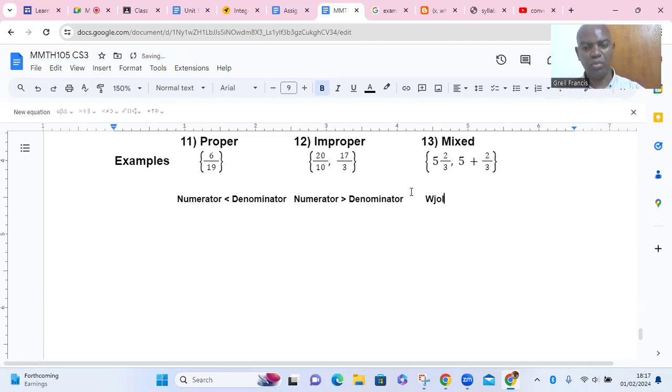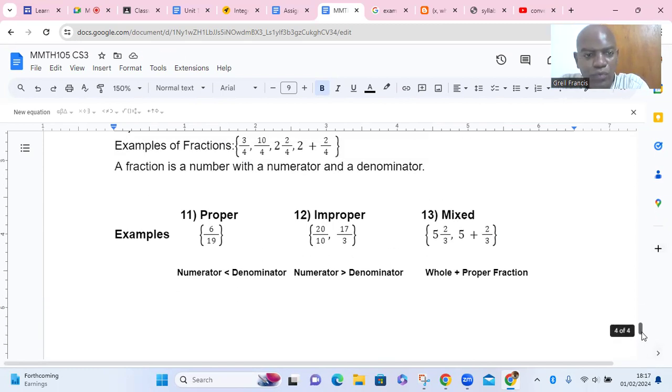So it's a whole number plus proper fraction. Something along that line, that's what you do for number 11, 12, and 13.